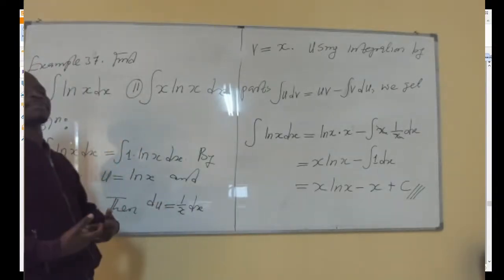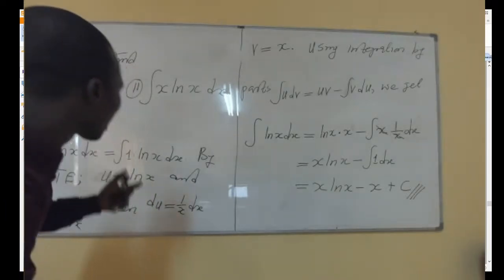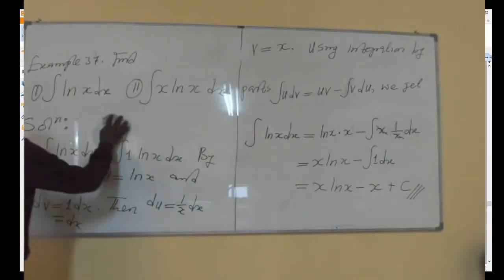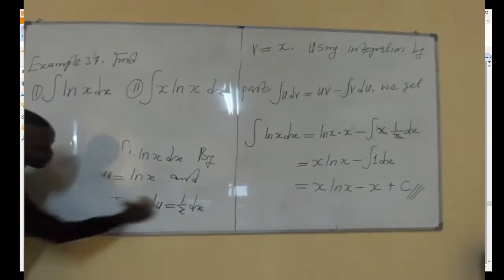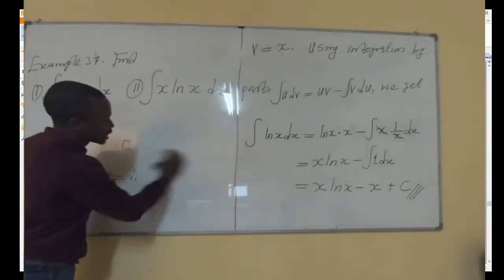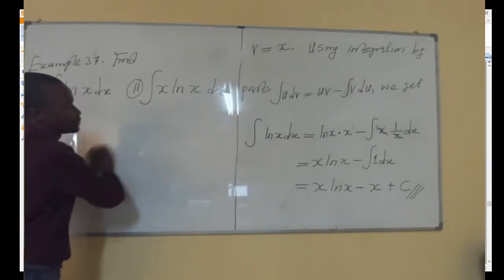You continue integrating by parts. Again, you apply integration by parts, up to the time you arrive at your answer. So those are the functions. The next example that you're going to look at is a situation where, for this given function to arrive at its final answer, you have to apply integration by parts twice or 3 times or 4 times.